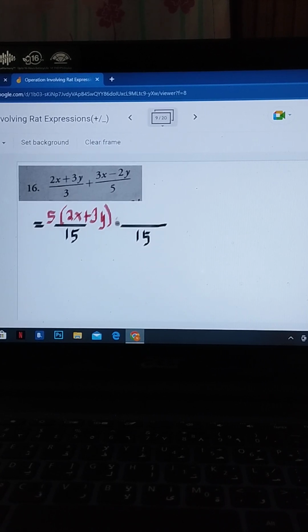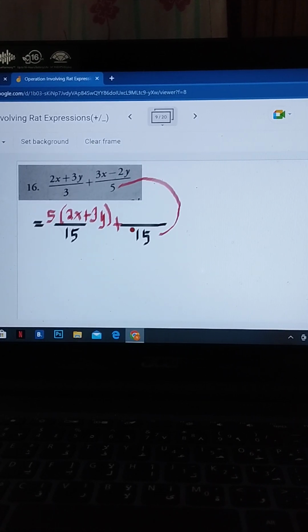Okay, so plus. So 15 divided by 5 is 3. So 3 times 3x minus 2y.